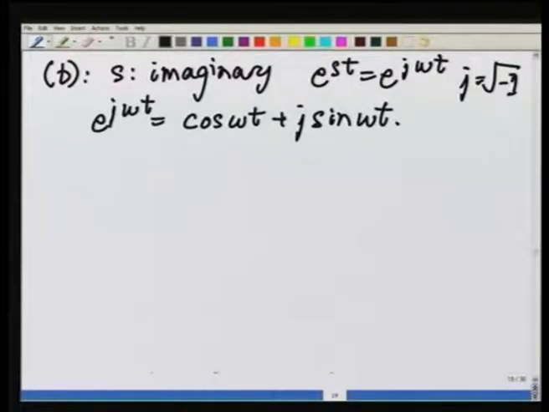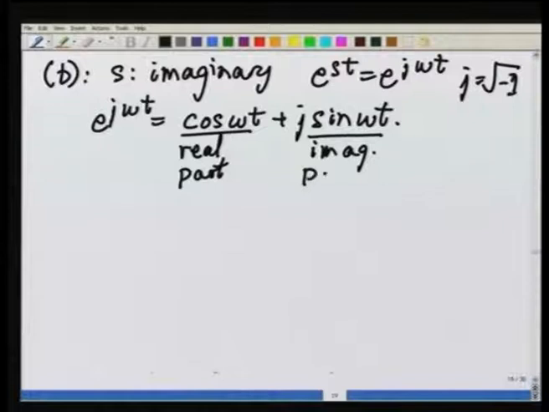So, there is a real part and an imaginary part. For a function of this form, we can also see directly from the expression what is the value of the real part for different points of time, what is the value of the imaginary part for different points of time.